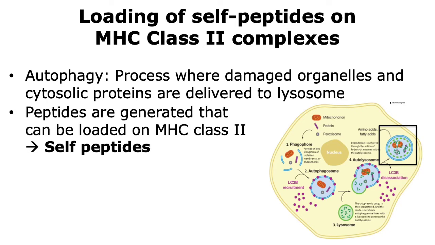Now, the peptides that are generated through this process can be loaded onto the MHC Class II molecules, and they serve as self-peptides, which are able to teach the lymphocytes what are self-antigens and what are not self-antigens.